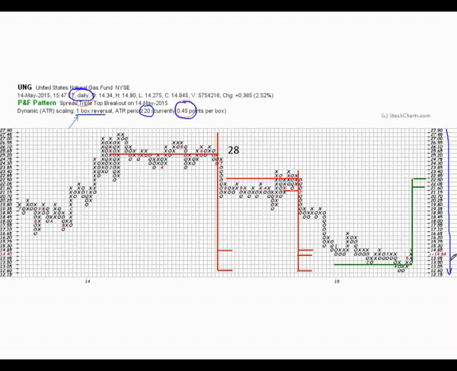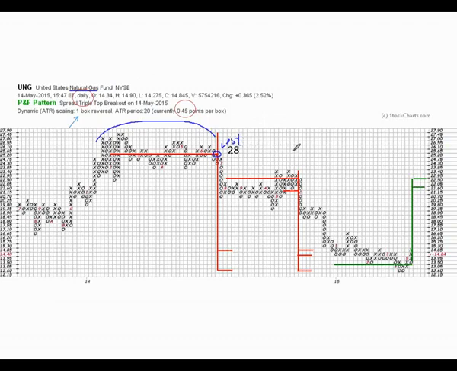Now, this is an ETN, this is natural gas, and natural gas made a rather large distribution on the one box method. We count from the last push up, and remember, you only have to have two entries in a column to have a one box.